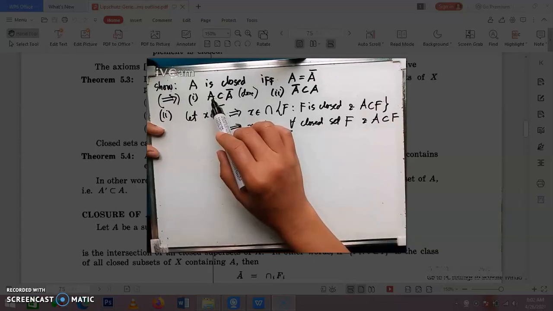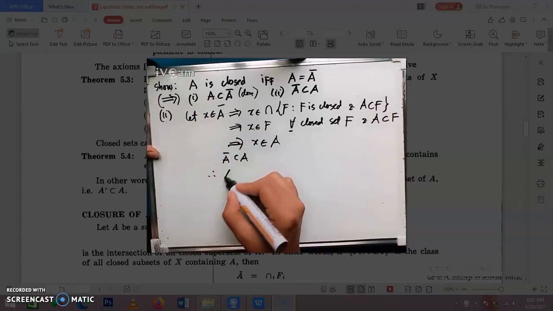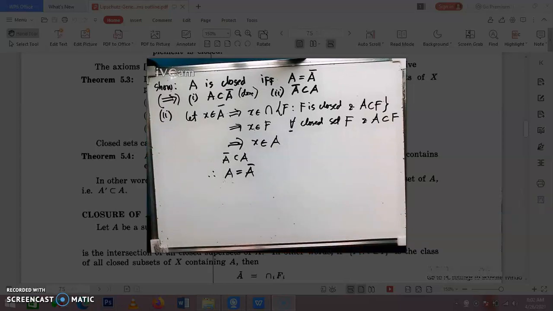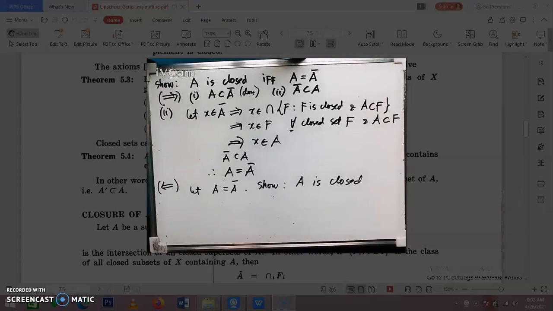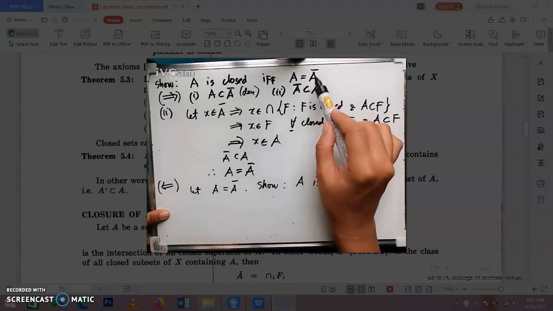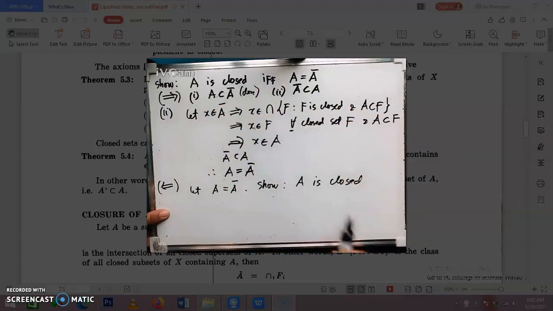So since this is already done, for this proof we have shown that A is equal to its closure. Now for the converse of this proof, we assume that A is equal to its closure, and we will show that A is closed here.